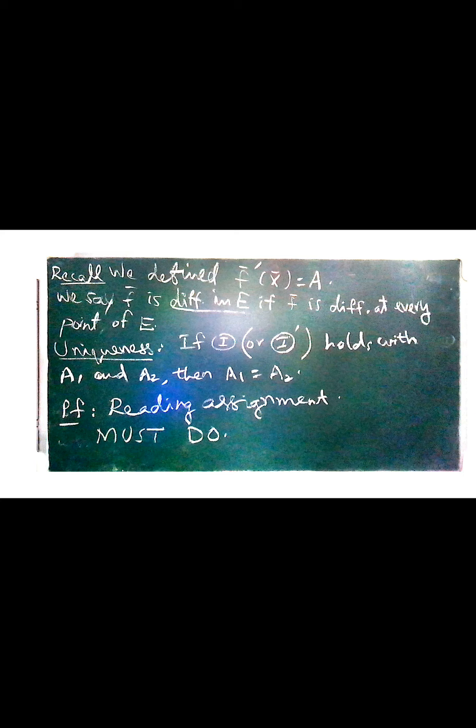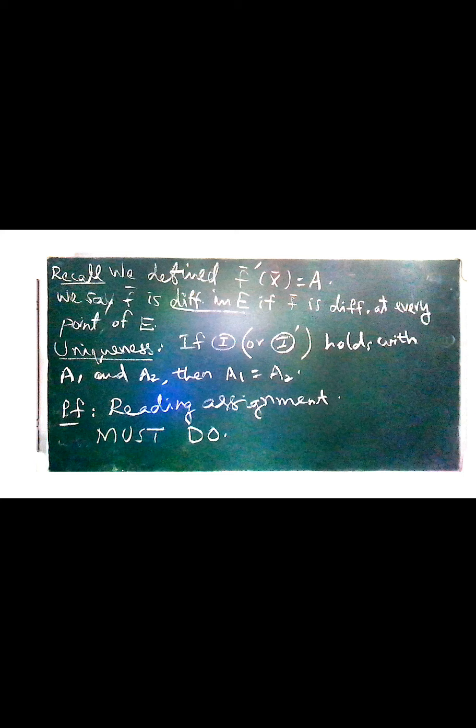And we will make another definition which we did not define in the last class. We say f is differentiable in E if f is differentiable at every point of E. That means if f is not differentiable at some point of E, then we say that f is not differentiable in E.